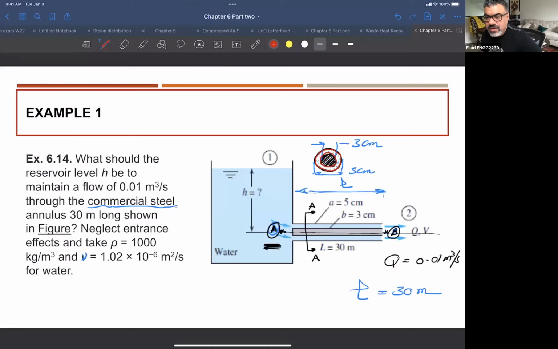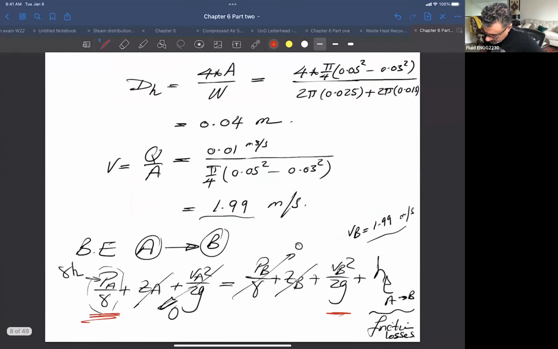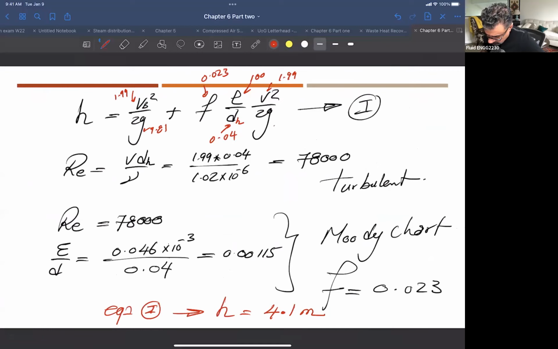So different materials will have different roughness. Commercial steel in this table will determine the roughness of this pipe. I don't remember the table name, but please refer to the previous lecture.